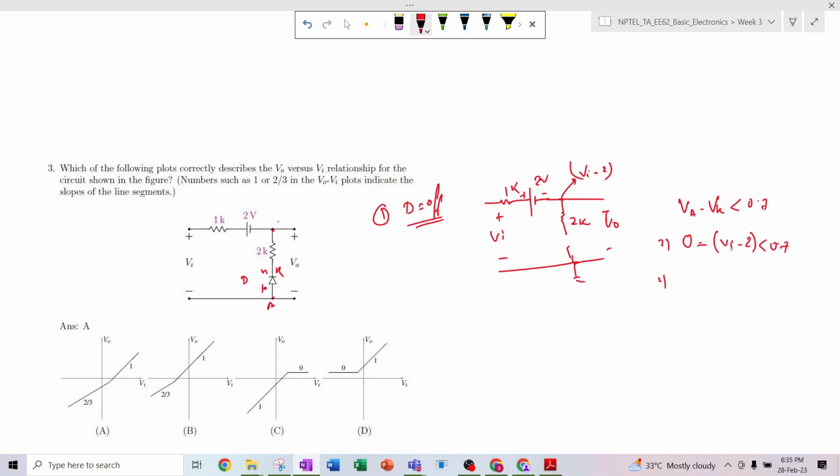If we multiply by minus on both sides of the equation, the less than sign will change to greater than, and the minus will be multiplied. So now Vi will be 2 minus 0.7, which is nothing but greater than 1.3.